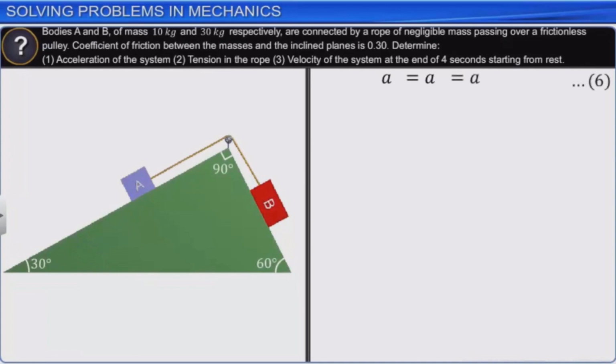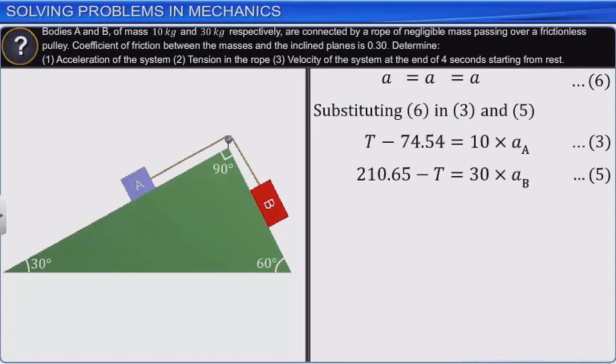Substituting equation 6 in equations 3 and 5, we get T minus 74.54 equals 10A as equation 7, and 210.65 minus T equals 30A as equation 8.